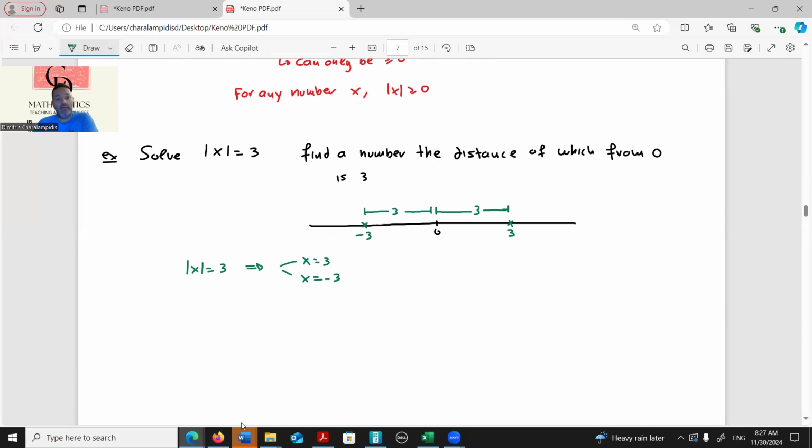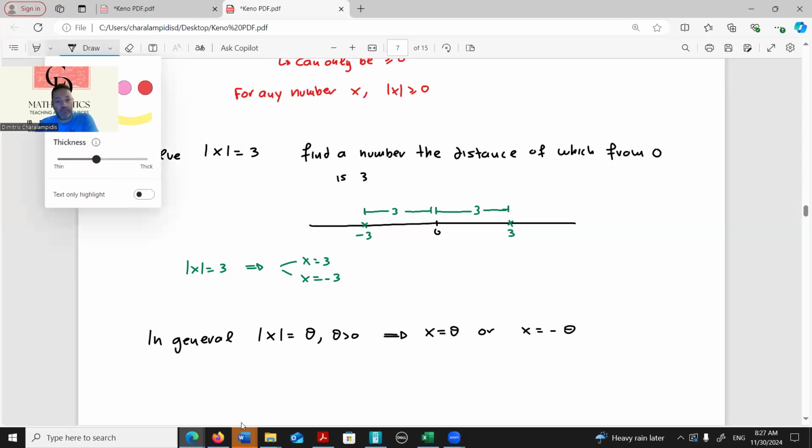In general now, let's generalize that again. In general, absolute value of x equals a positive quantity theta means that either x is theta or x is negative theta.